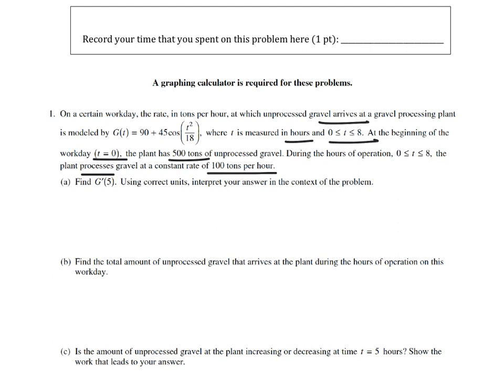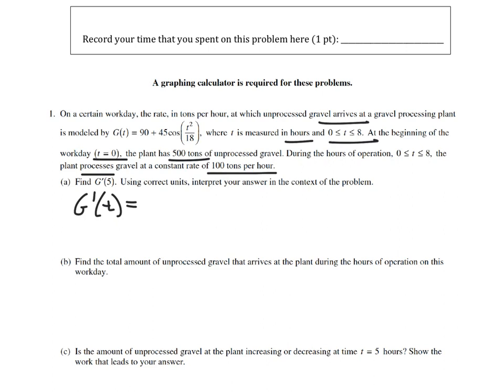So G prime of 5. Well, first we've got a G prime of t. And sometimes on these calculator required problems, it's not worth the time to go write down the derivative. Right now, this is not a hard derivative to find, so let's go ahead and find that. The 90 goes away, of course, and we've got the derivative of the inside times the derivative of the outside, a little chain rule.